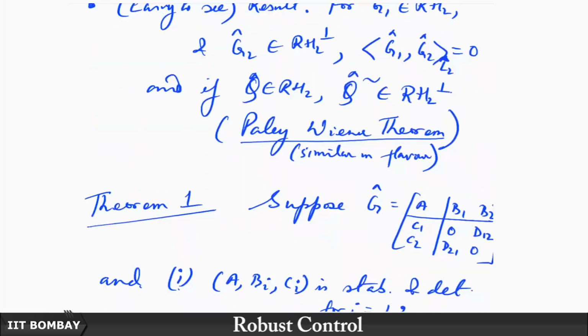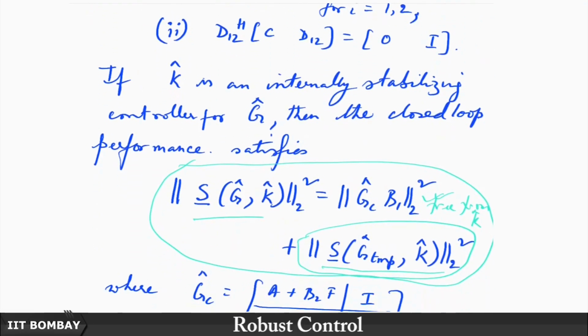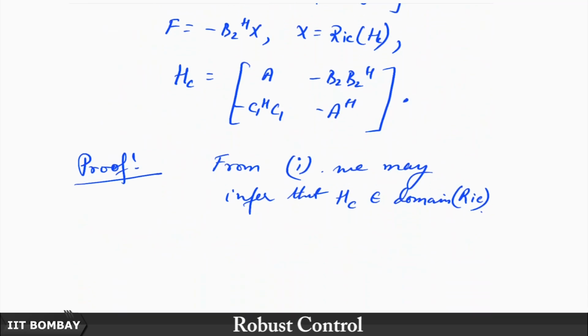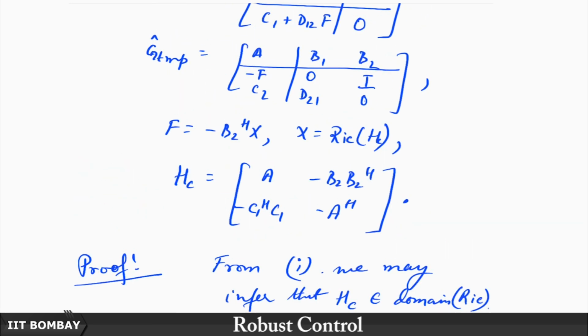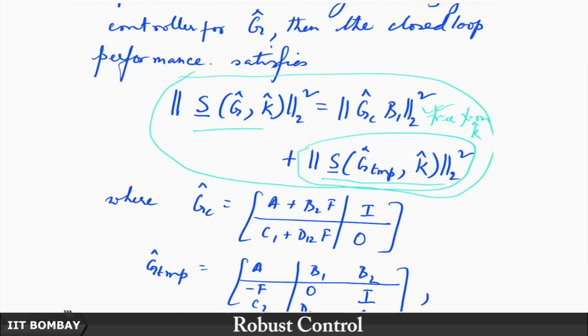It is a no brainer again, right. What is condition 1? That A, B1, C1 and A, B2, C2 are stabilizable and detectable, therefore, it belongs to the domain of this Riccati operator that we have cooked up, no? Yeah, this is not really that difficult to see, right. You can take this up as an exercise if you are not convinced that it is indeed the case.